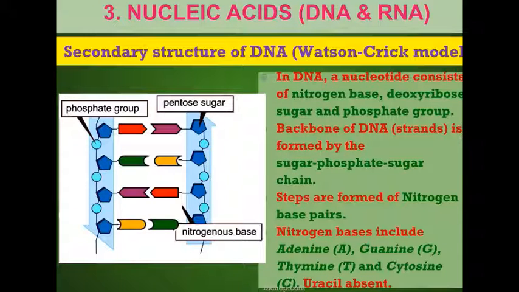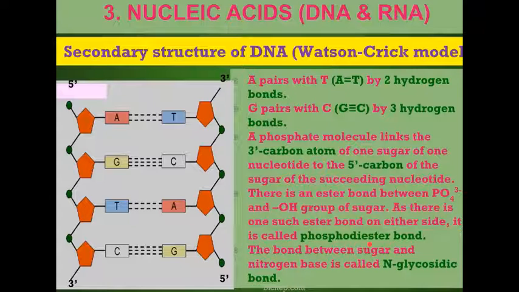The steps are formed by the nitrogen bases, that is A, T, G or C: adenine, guanine, thymine or cytosine. Uracil is absent in DNA. In RNA, it will be present. Now, one thing to note here is that A always pairs with T with a double bond, adenine always bonds with thymine, and guanine always bonds with cytosine with 3 hydrogen bonds, right?